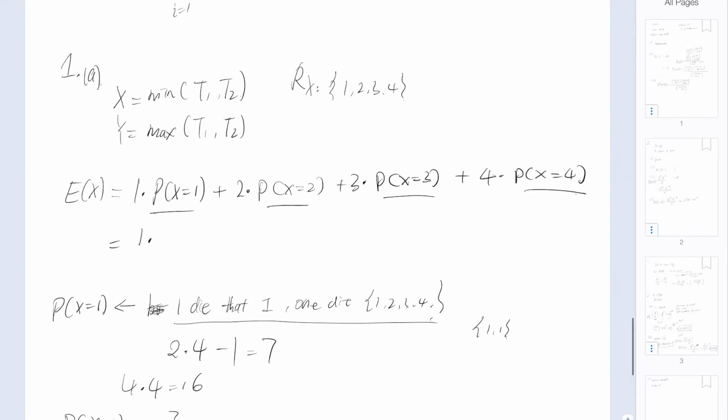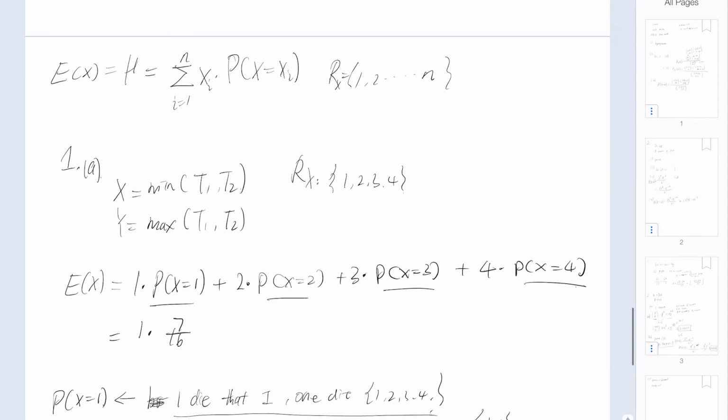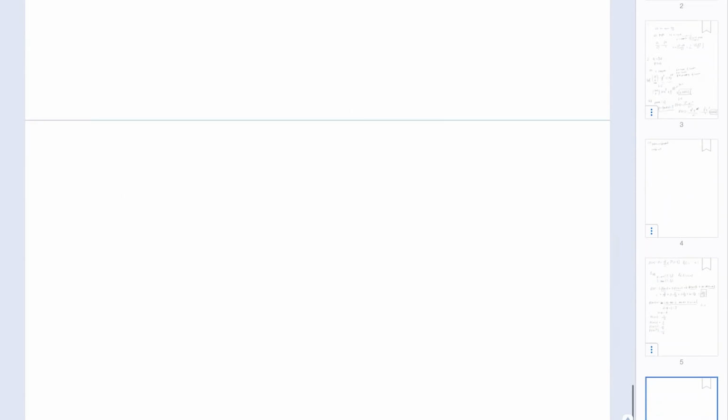So the expected value is 1 times 7 over 16, plus 2 times 5 over 16, plus 3 times 3 over 16, plus 4 times 1 over 16, which is 30 over 16. So that's our expected value in this case.